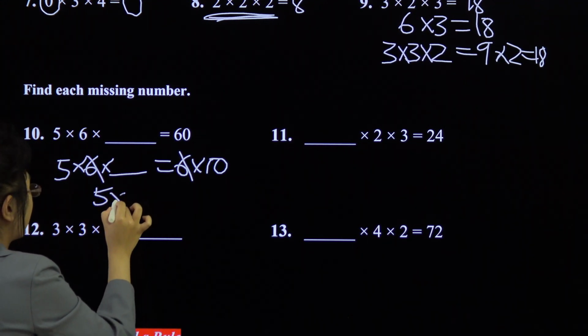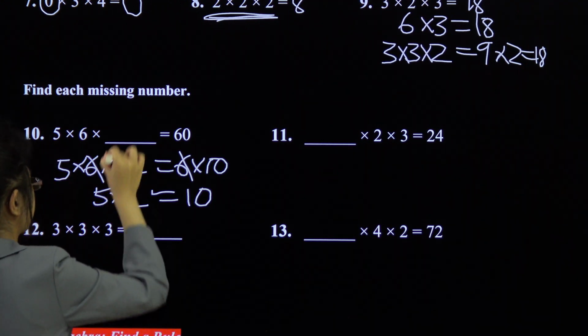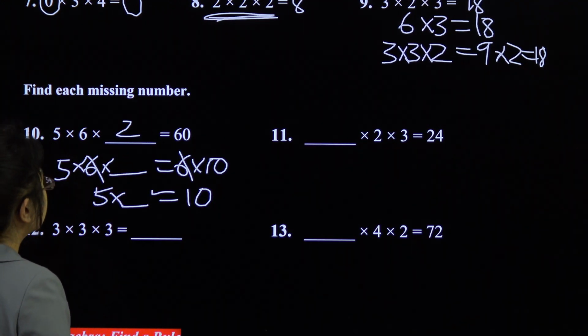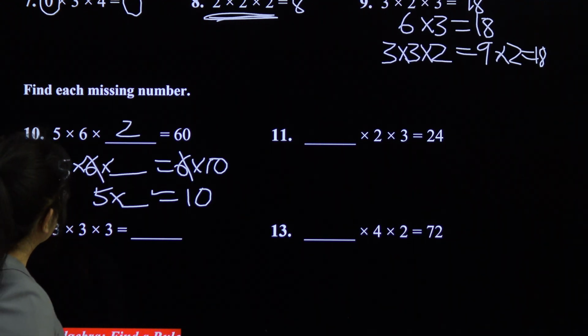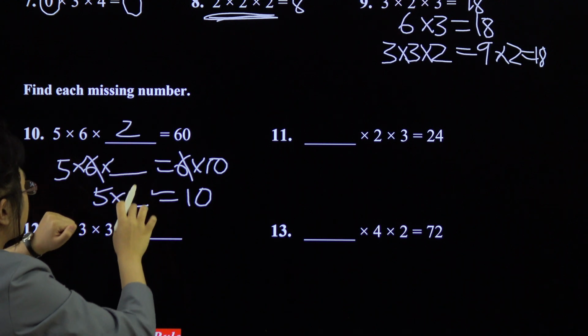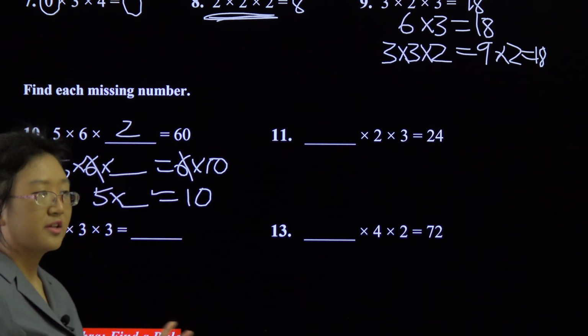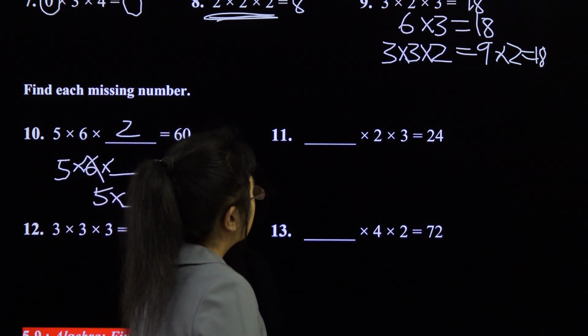And you end up with 5 times something equals 10. Last time I checked, 5 times 2 equals 10. And if you want to check it over, then you get 5 times 2, 10, 10 times 6, 60. Remember guys, it's a long chain of multiplication. You could group it however you want.